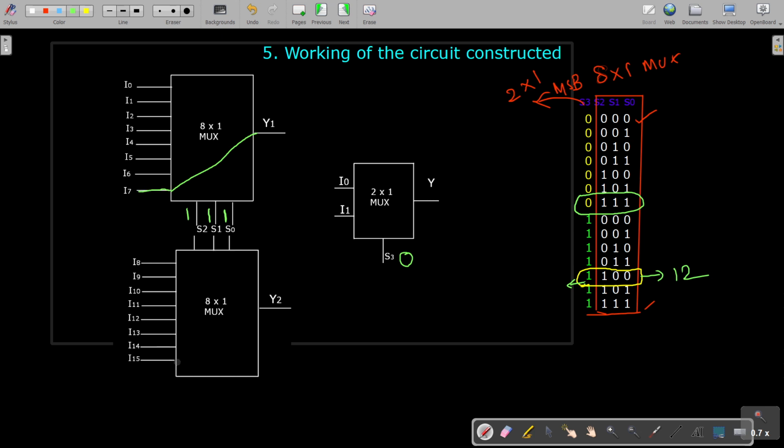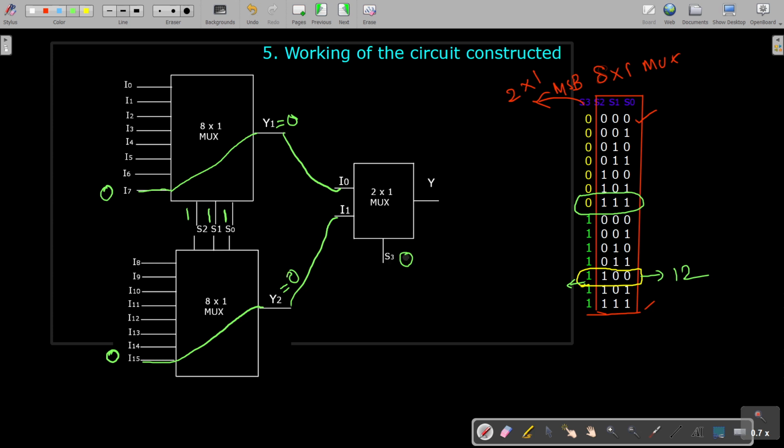And here this I15 will be selected and it is connected to the output side. And suppose here you have a 0, here also you have a 0, this Y1 will be equal to 0. Here we have this connection here, right? So this 0 will be available at the input side, and this 0 is also available at the input I1.